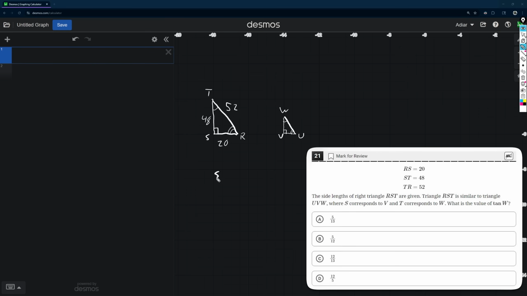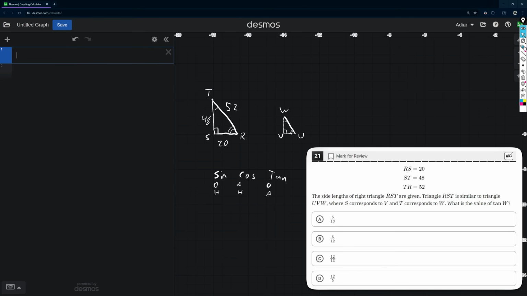And so if we remember our sine, cosine, and tangent being SOH CAH TOA, which means sine is opposite over hypotenuse, cosine is adjacent over hypotenuse, and tangent is opposite over adjacent, then we can just figure out that the tangent of both T and W is opposite over adjacent.